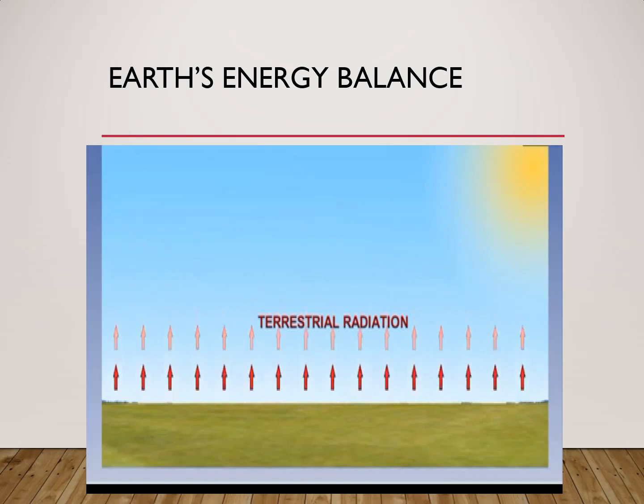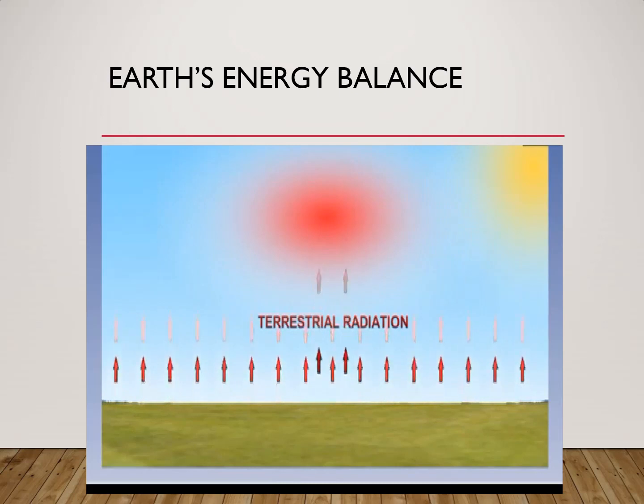So all the 51 units of heat that were absorbed by the Earth during the day are released. Out of these, 64% is believed to be absorbed by water vapor and the clouds present in the atmosphere. Carbon dioxide gas also absorbs this radiation and does not allow it to leave the Earth's surface.